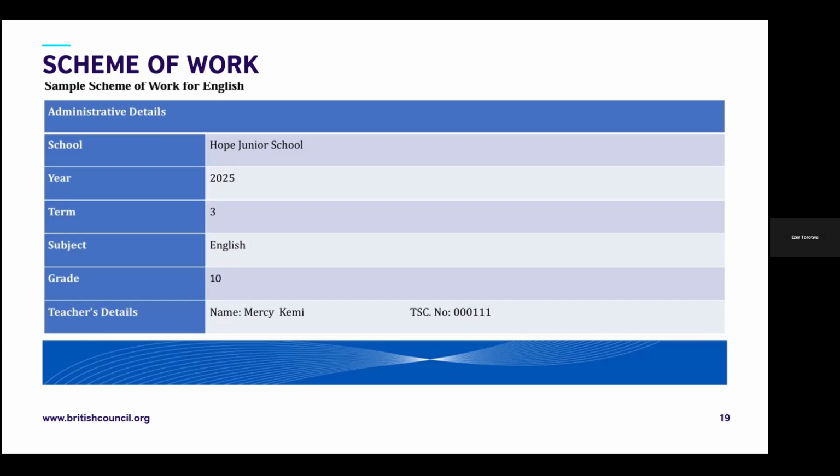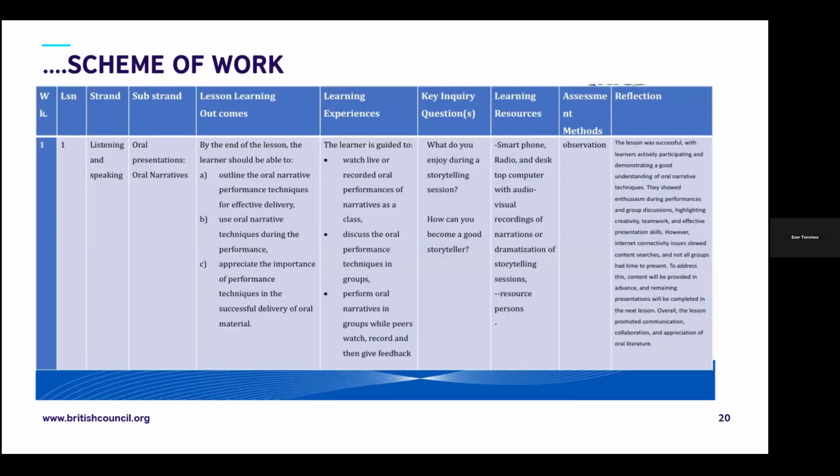Now, here is a sample of a scheme of work. This first page is where you have your administrative details: your name of school, the name of the facilitator, the grade, the subject, the term, and the year. Then here is a sample of a scheme of work.